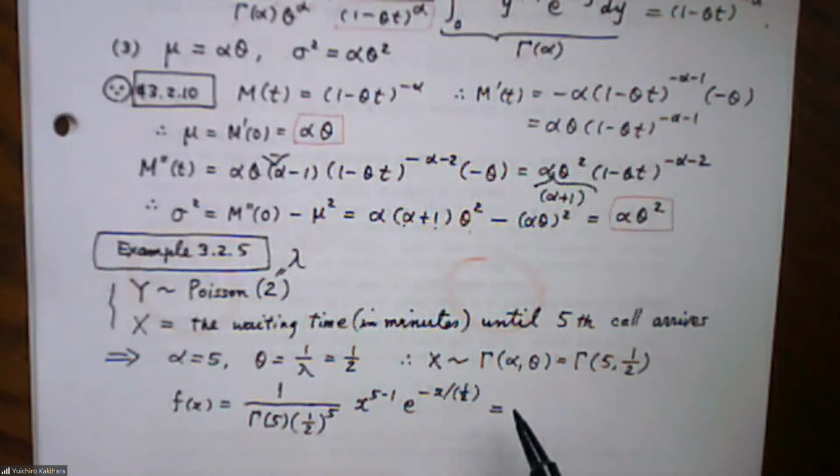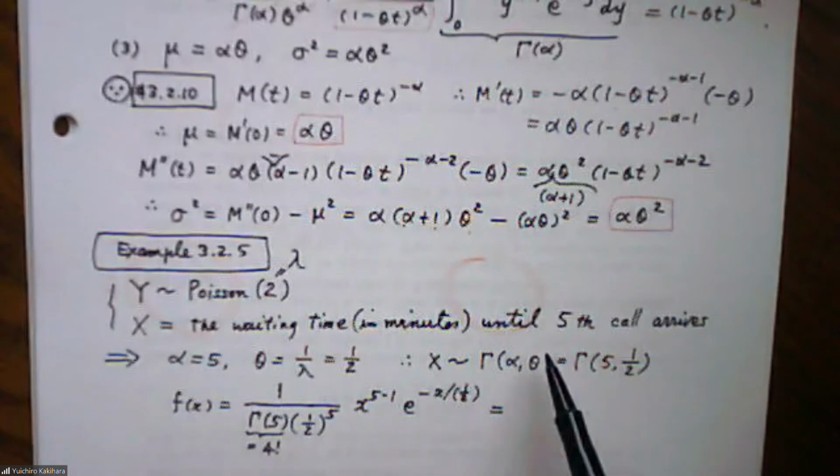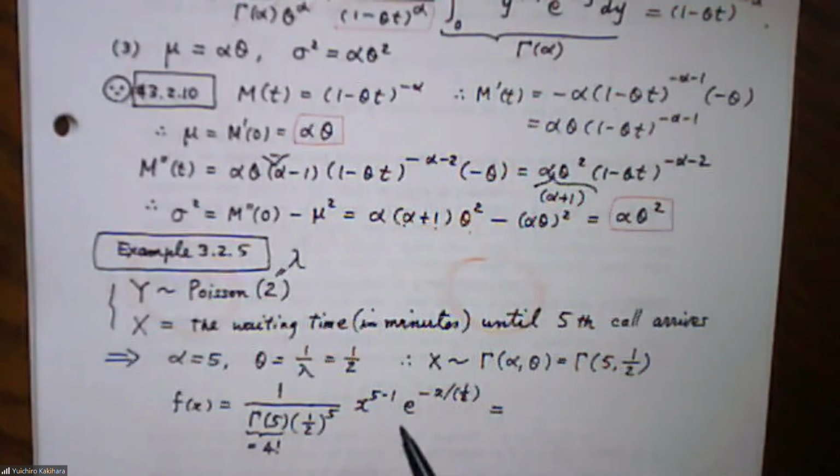Then I'd like to ask you, what is gamma of 5? Gamma of 5 is 5 minus 1 factorial, 4 factorial, right? Well, this is 24, but you can write 4 factorial. And this is 1/2 to the 5, so this should be on top, 2 to the 5.